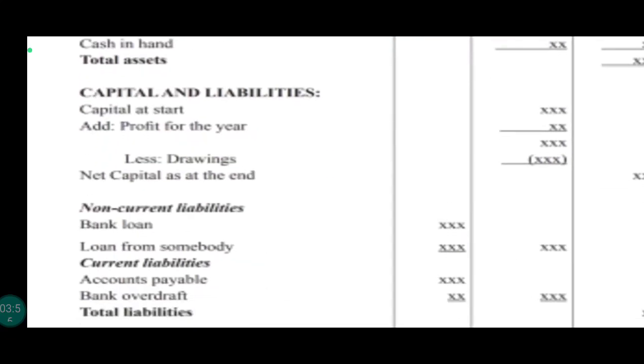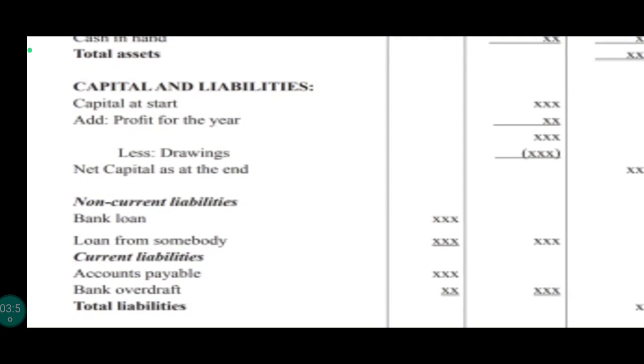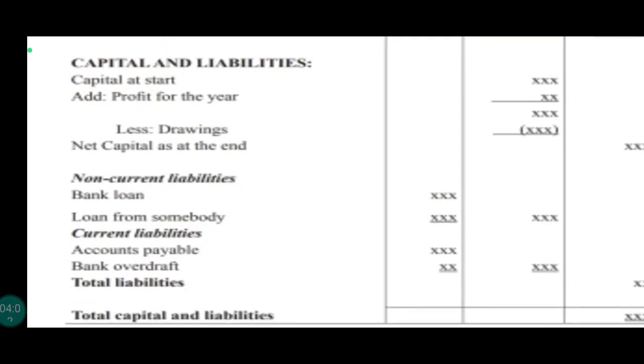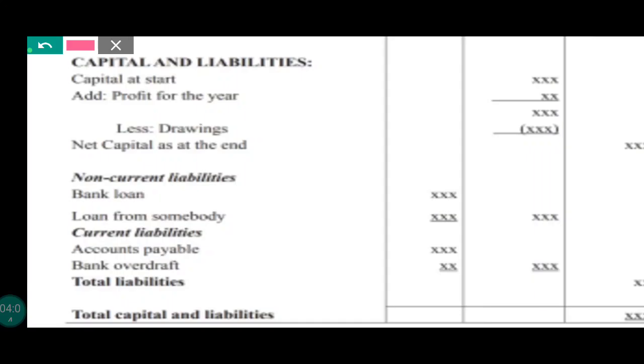The second part in the statement of financial position is capital and liabilities. In the capital, you start with the capital given in the beginning, capital at start. You add profit for the year. If there is a loss, you deduct the loss for the year, less drawings. So you get net capital at the end.